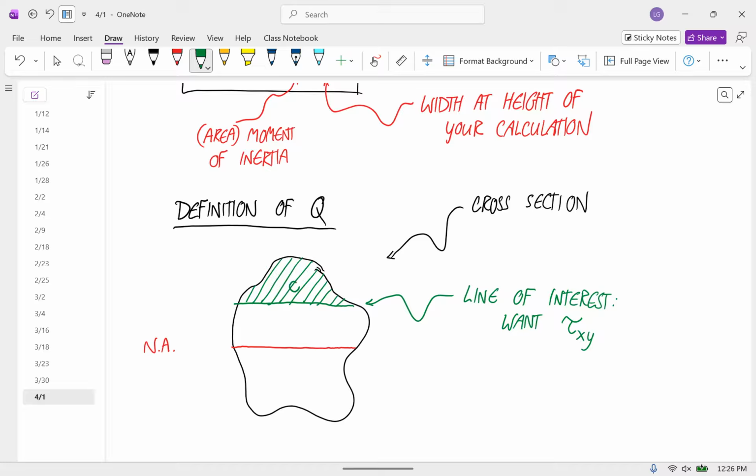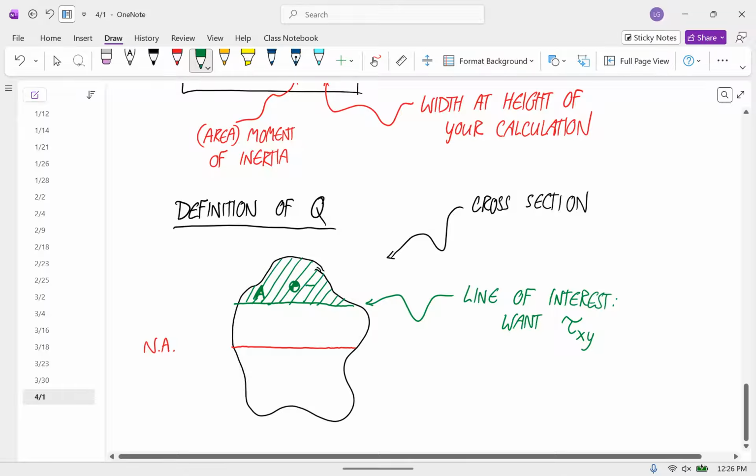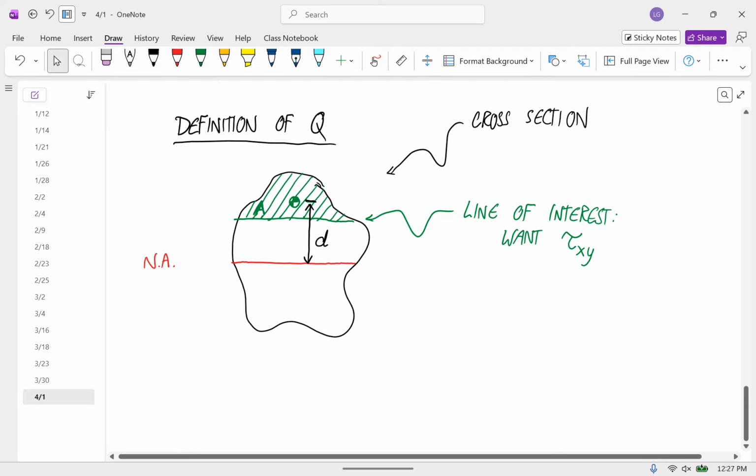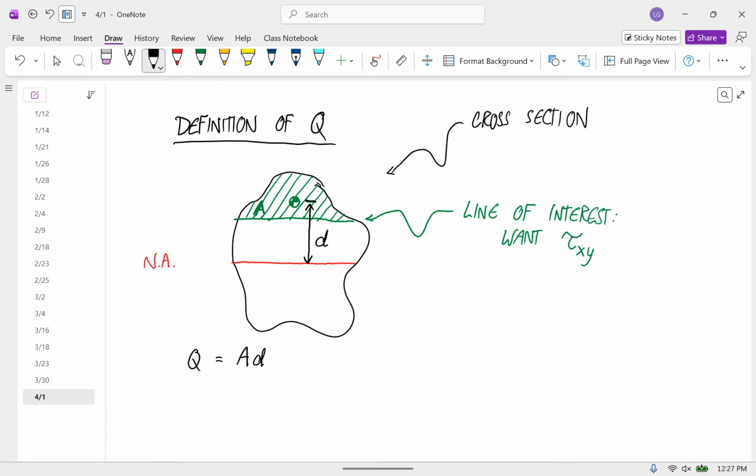So where would that be? Like here somewhere? And this green is the area A. Now calculate the distance from the neutral axis to the centroid of that area A and call this D. And then Q is defined as that area A times that distance D.